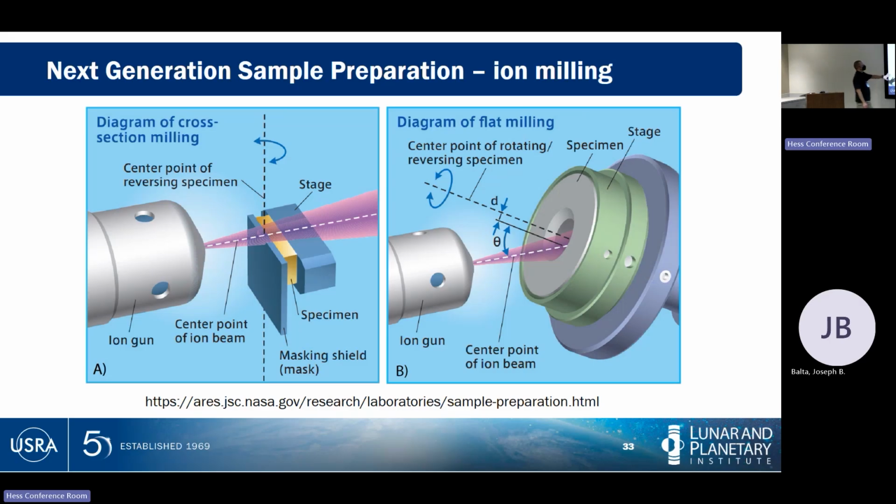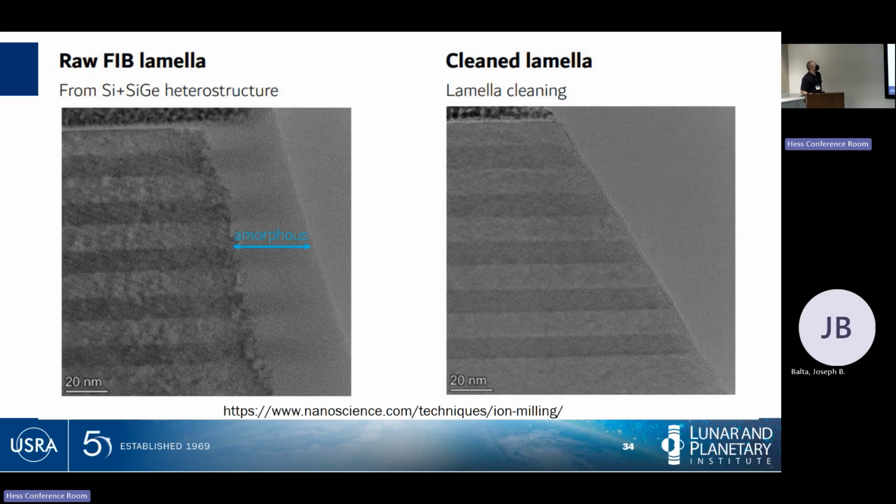So we have kind of our specimen that's on a spinning stage that rotates around. We fire ions in a controlled angle at this, and that gradually ablates away any surface damage area.